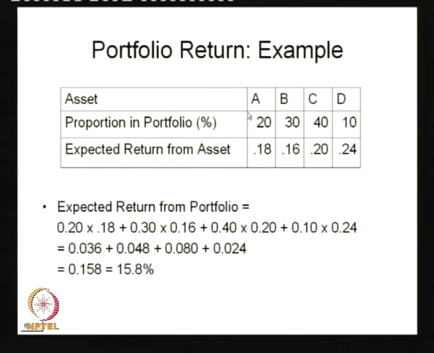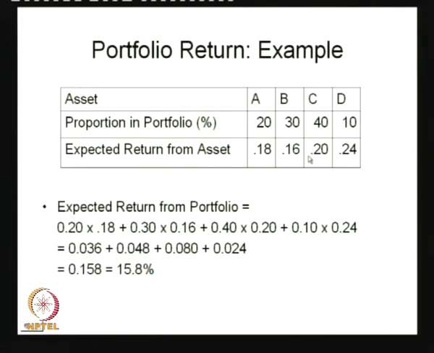Applying the same formula, you multiply 0.20 into 0.18, and accordingly like that for asset D we multiply 0.10 and 0.24. So, overall what you will get is 15.8%. That means, in an extreme case, if I had put money 100% in asset C, in that case I would have got 20%. Had I put 100% in asset B, I would have got 16%, that is the lowest return, and C is giving the highest return.